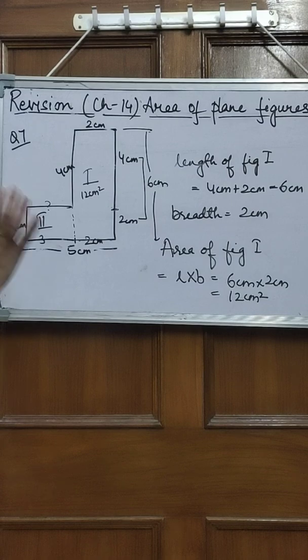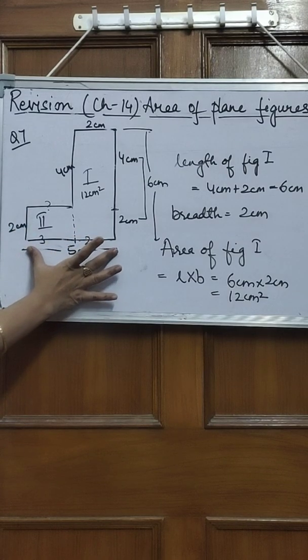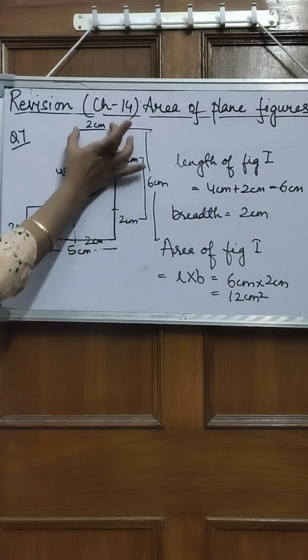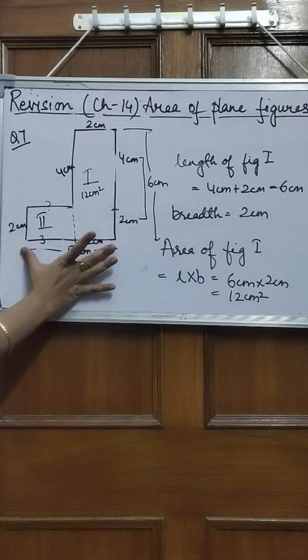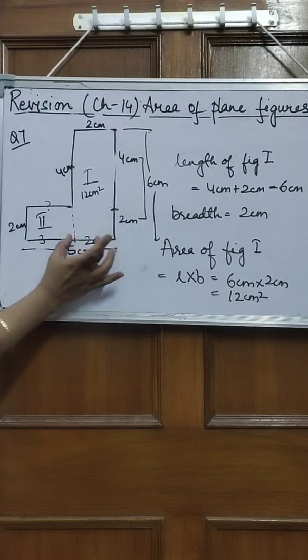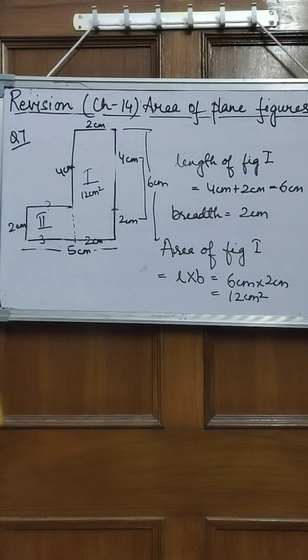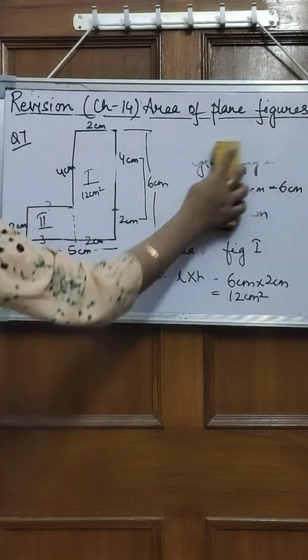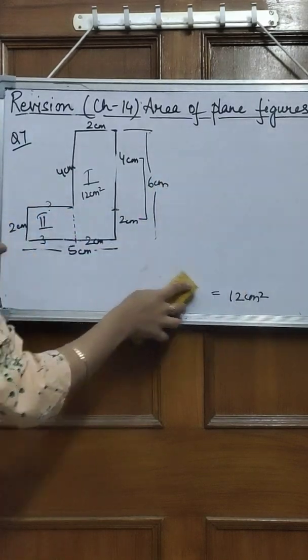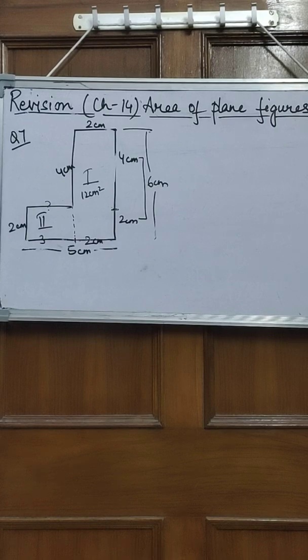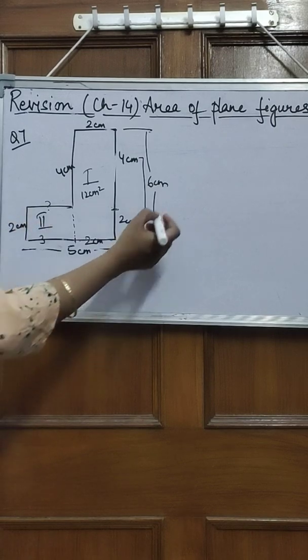Okay, is it clear how we have found it out? We have the entire line and we have a part of it. This part is 2, so this complete is 5. This part is 2, so this should be 3. Okay, now let's find out the area of the second figure.